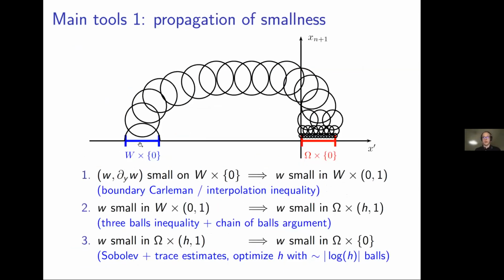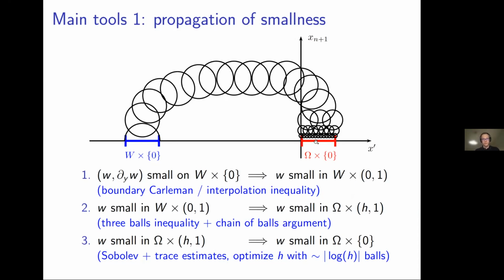This is the idea of how you prove a kind of quantitative uniqueness theorem, propagation of smallness. So you have Rn here, the boundary of the upper half space. You have x n plus 1 going up, and you have the vanishing of both the Dirichlet data u and the Neumann data, the fractional Laplacian of u, in this set W, this blue set here, and you have your original domain omega, let's say, and you want to show that this u is 0 in omega.